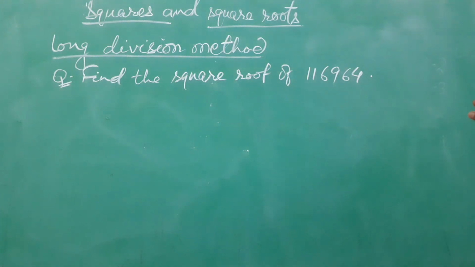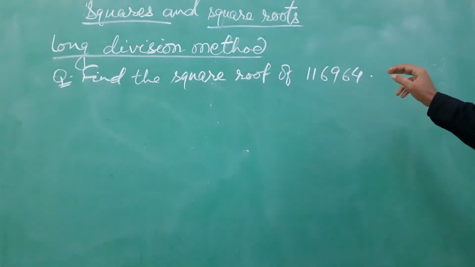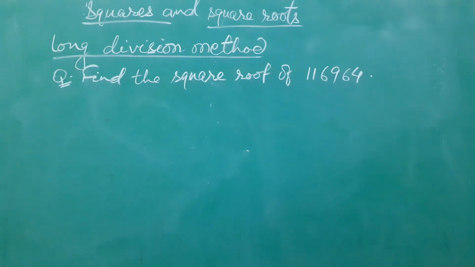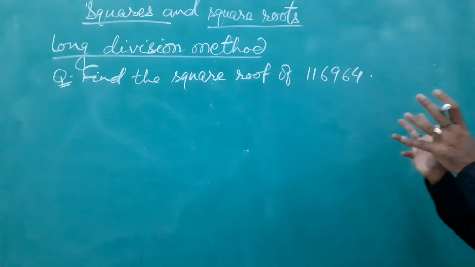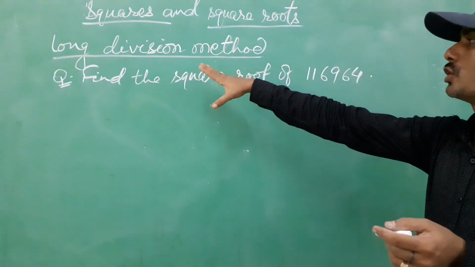Find the square root of 116964, that is 1,16,964. Here we have many steps. First look at the steps and concentrate on how we find the square root using the long division method.